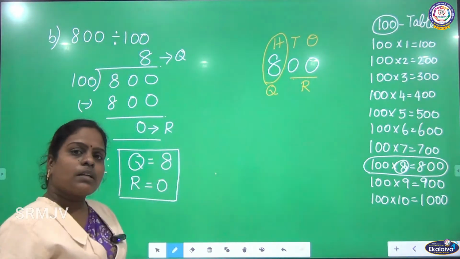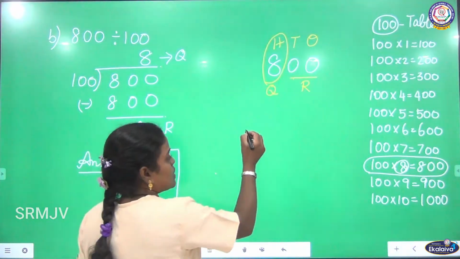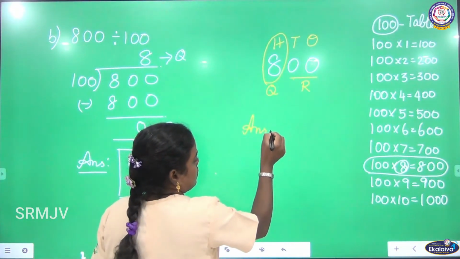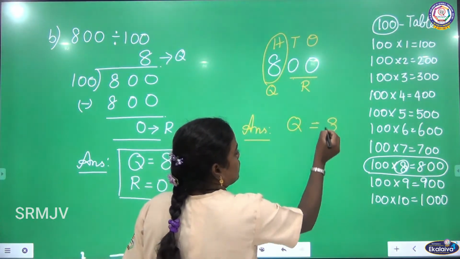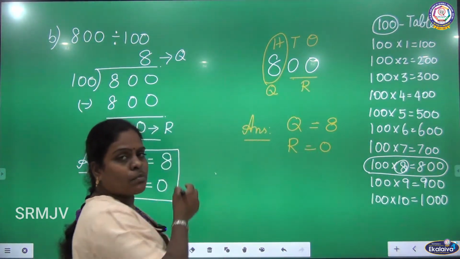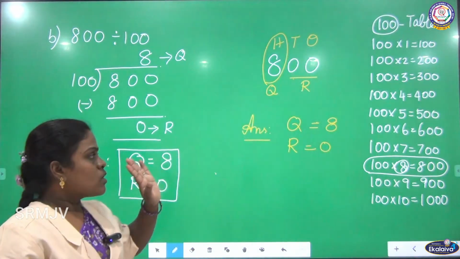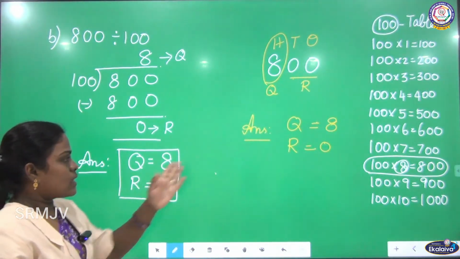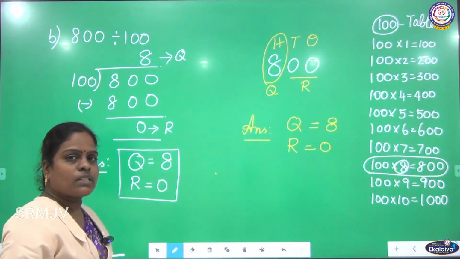So here what is the remainder and what is the quotient? Yes, quotient is 8 and the remainder is 0. We need not repeat the number 0. So I have taken only one 0. So quotient is 8 and the remainder is 0. Shall we move to the next question?